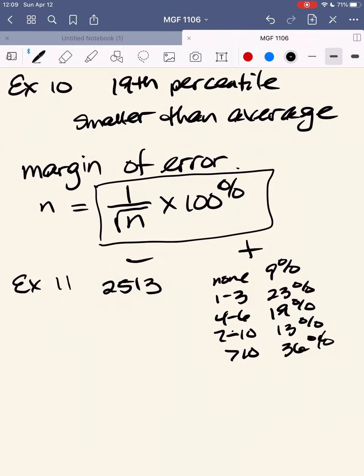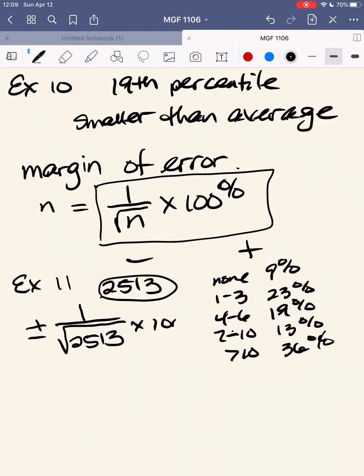Okay, so I have plus or minus 1 over the square root of my number of survey. They told me my number is 2,513, and I multiply that by 100. So I got plus or minus 2%. And I do need the 0 for this.